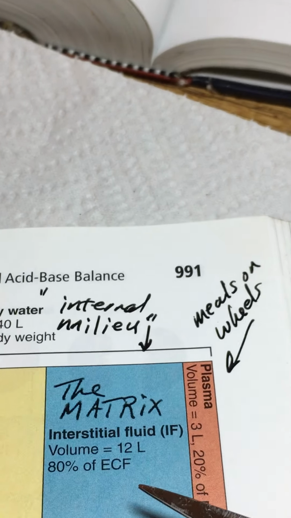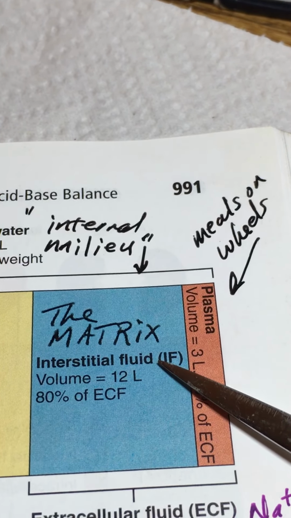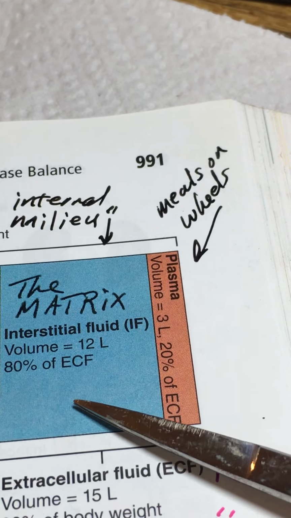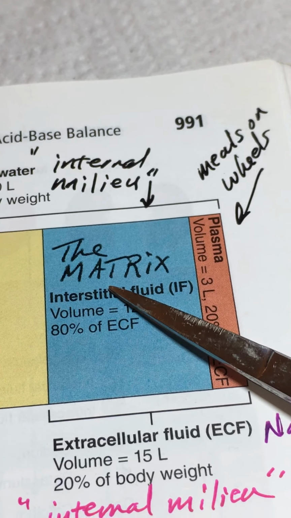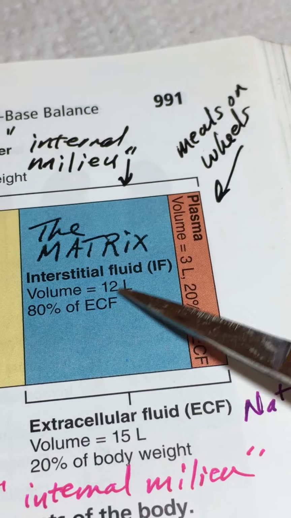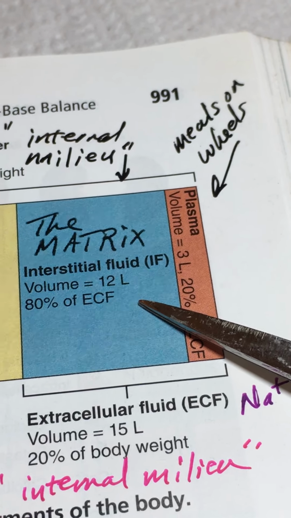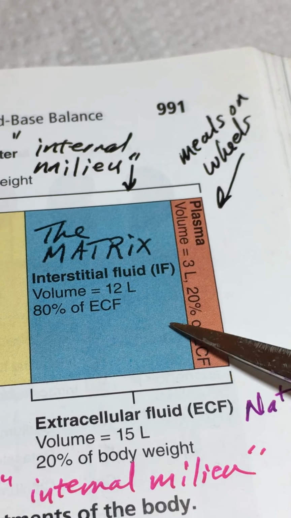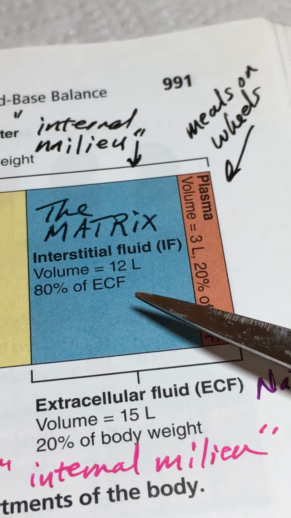Okay, and I'm noting here, this is the internal milieu of Claude Bernard, and these are some of the primary areas here, all of these interfaces, whether it's this interface between the matrix and the cell, or the interface between the matrix or the interstitial fluid and the blood. This is where homeostasis is regulated.